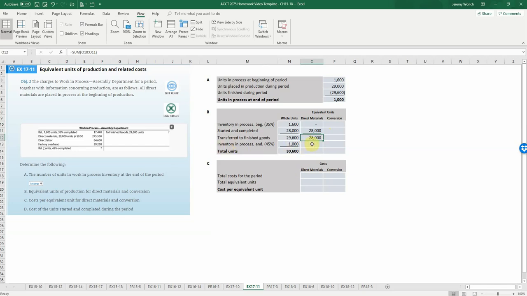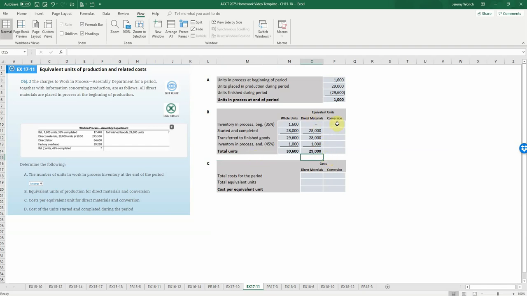And then our inventory in process is going to be 1,000, which we already calculated. So 29,000 total units for direct materials.